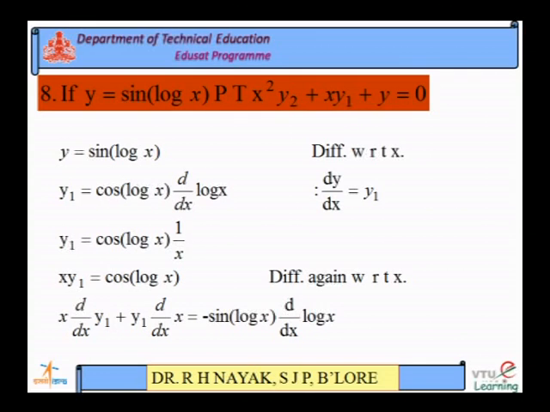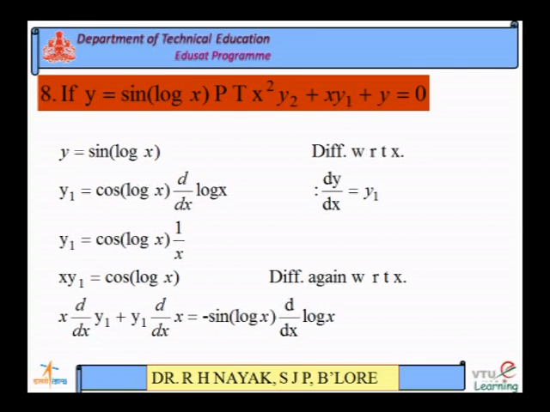With this we have to prove that x square into y2 plus x y1 plus y is equal to 0. Y is equal to sine of log x. We have to prove that x square y2 plus x y1 plus y is equal to 0.